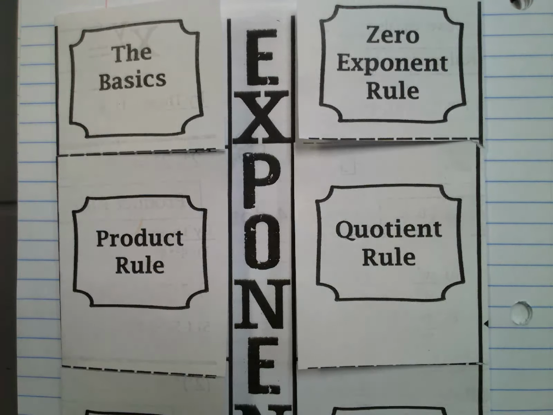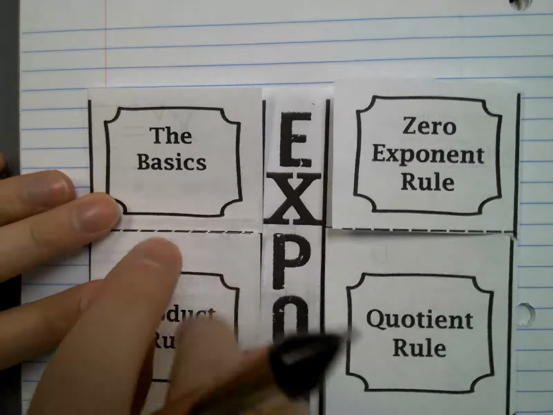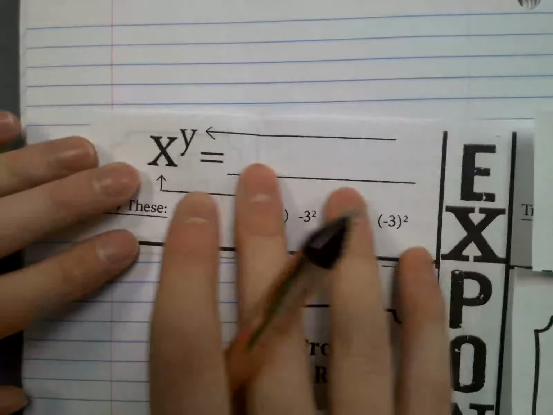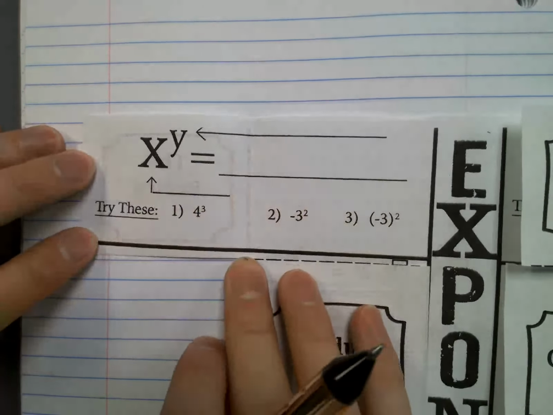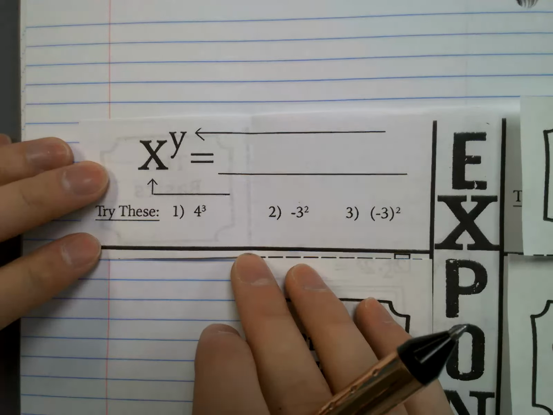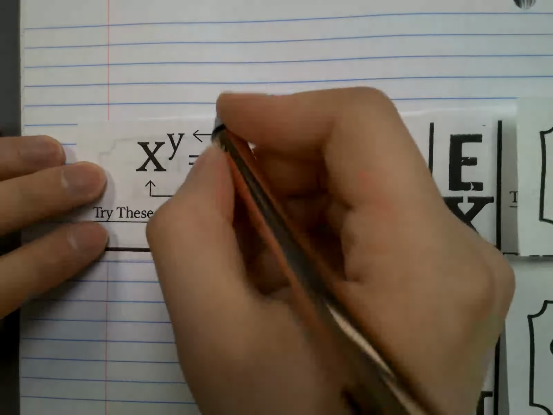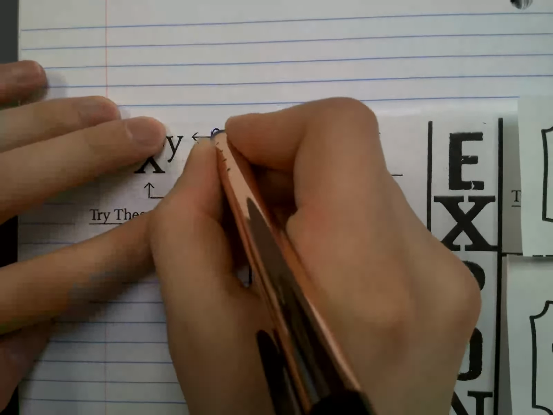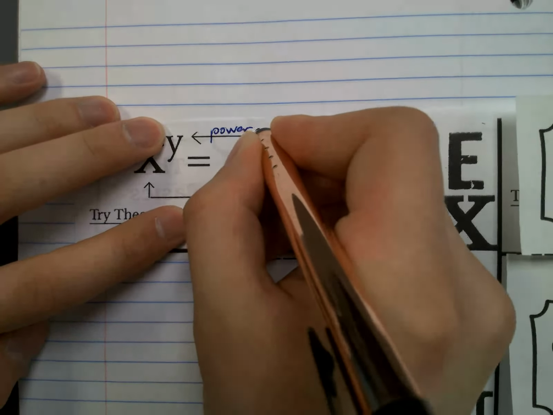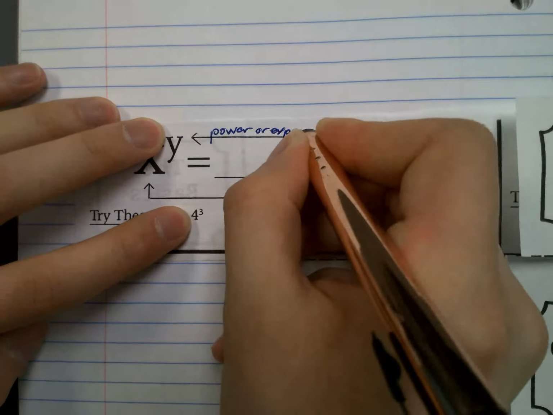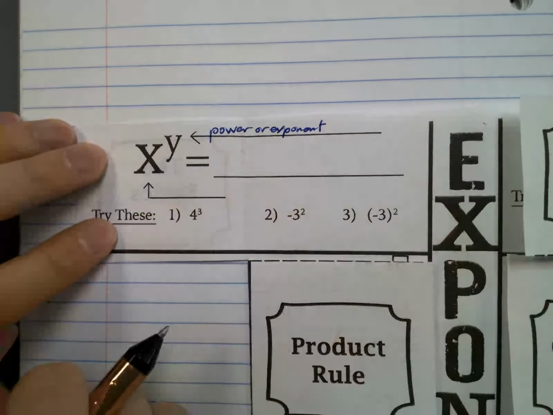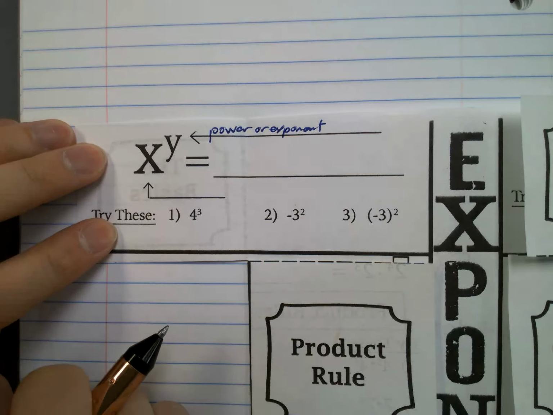So let's get started. The first thing is, let's talk about the basics, right? Everyone knows the breakdown for a simple exponential factor. Now, keep in mind, x and y are just stand-ins. Y, of course, is our power or exponent, right? Power, exponent.